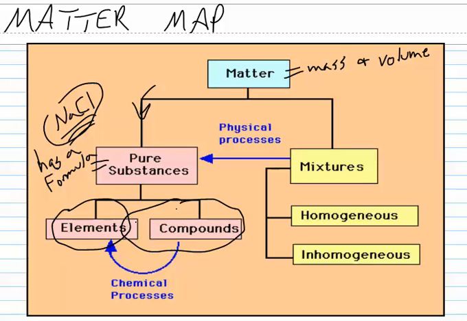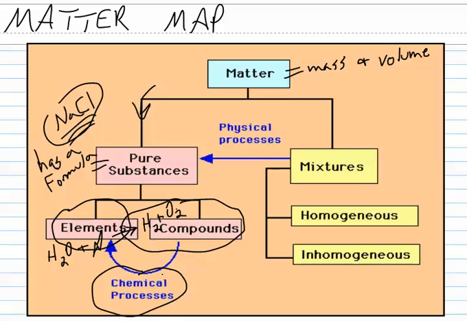So can you go back and forth between elements and compounds? Sure you can. You can take a compound and use some sort of chemical process to split it into elements. What's an example of that? You can run electricity through water and split it into hydrogen and oxygen. So if you take water and add some electricity, I'll draw a little lightning bolt here, you can get hydrogen gas and oxygen gas.